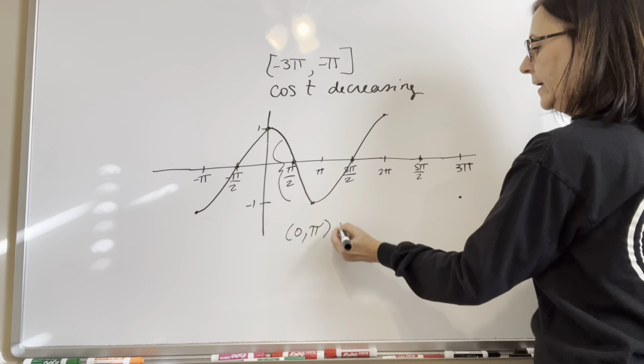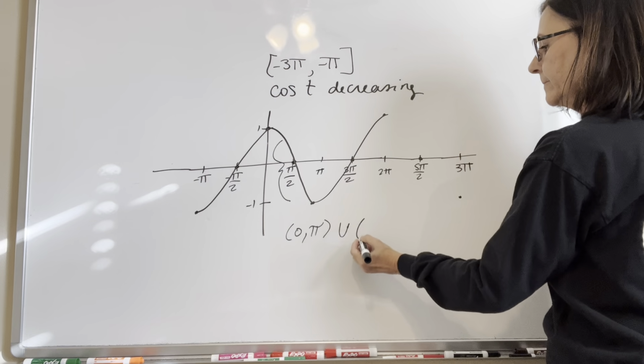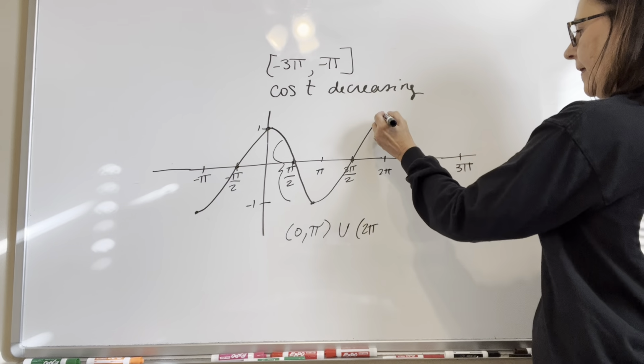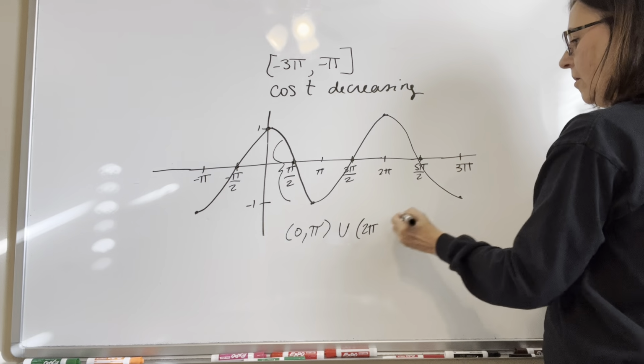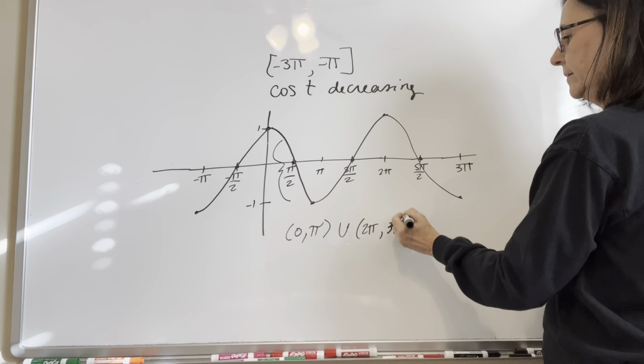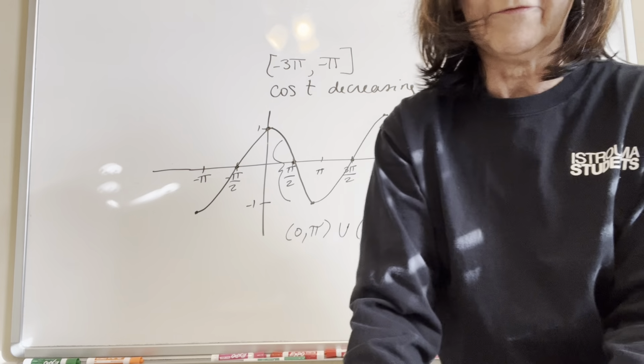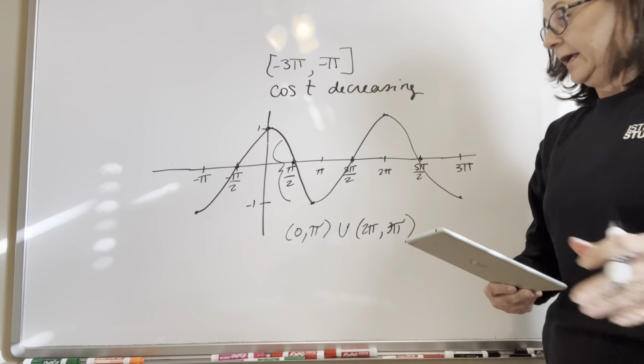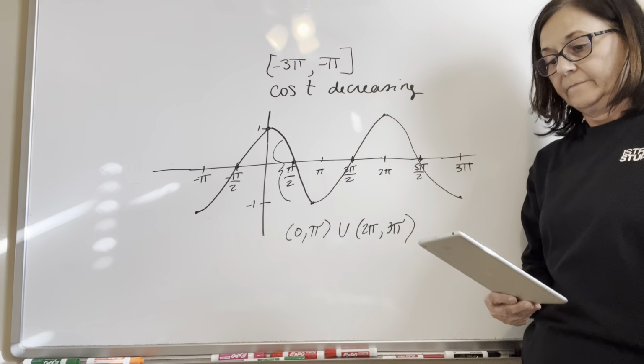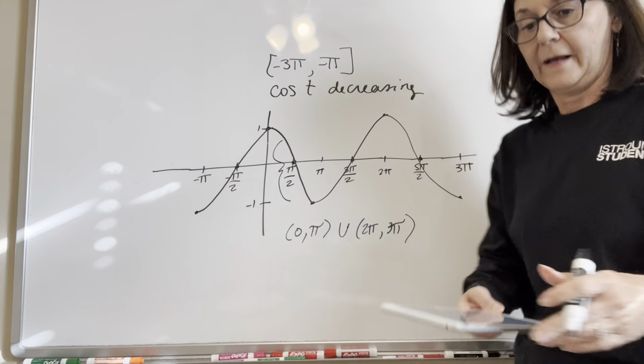Look at 2 pi, and remember that means union, 2 pi all the way to 3 pi. All right, so on those intervals, it is decreasing. Oh wait, I did this backwards.